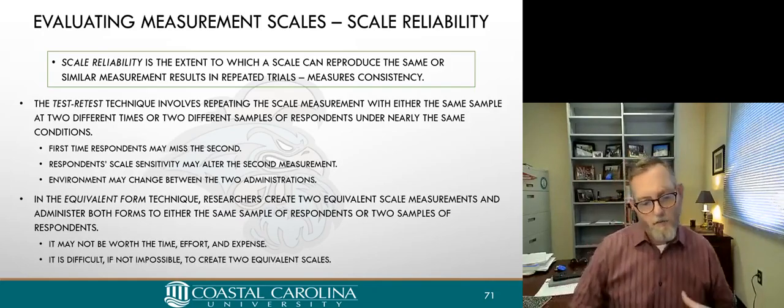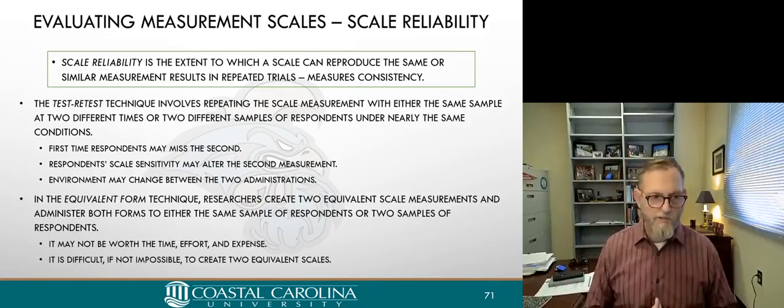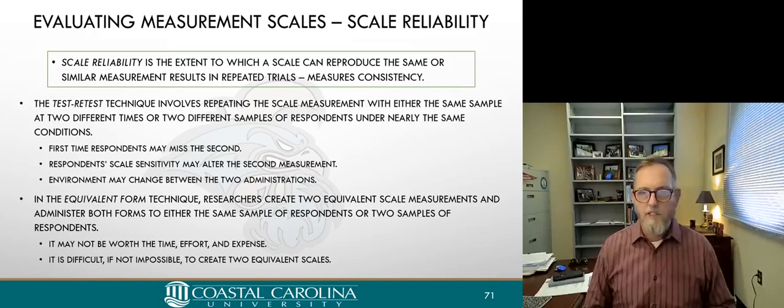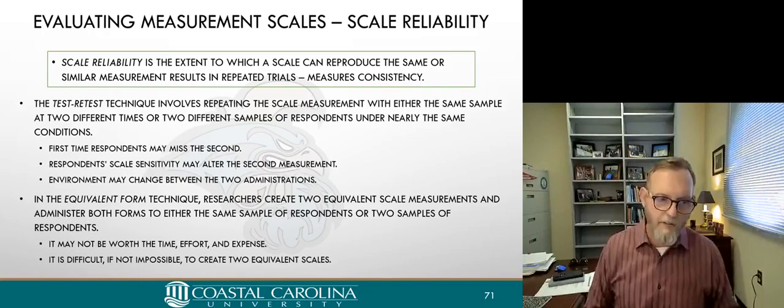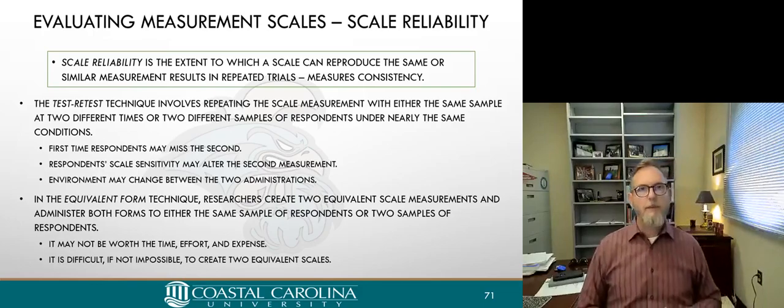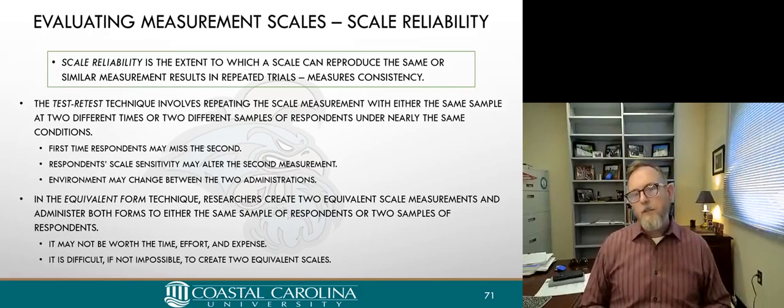Another way we look at reliability is reliability within questions within a survey. Okay, so the equivalent form, a technique where we take 2 equivalent scale measures and we compare them, and the results that we get from them.